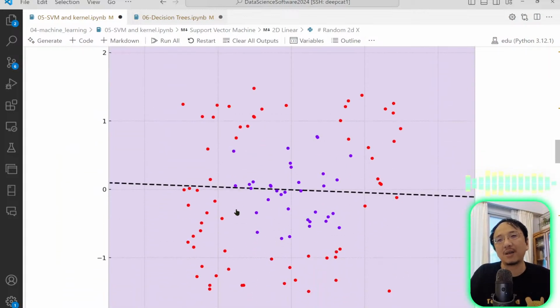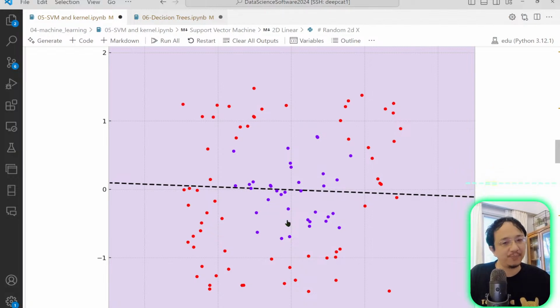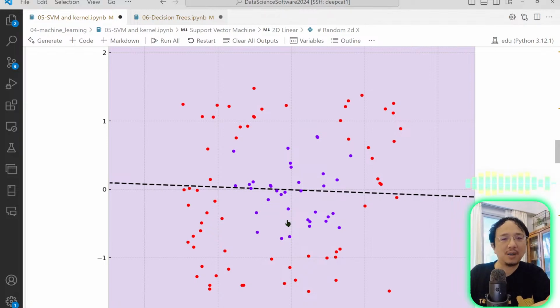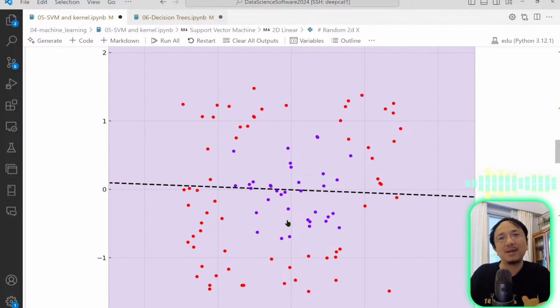So they are in a unit circle, and all the red dots are outside the unit circle. That's it. It's quite a simple thing. If you consider a polar coordinate, the radius would separate them, but since we are considering Cartesian coordinates, it is definitely not linearly separable.